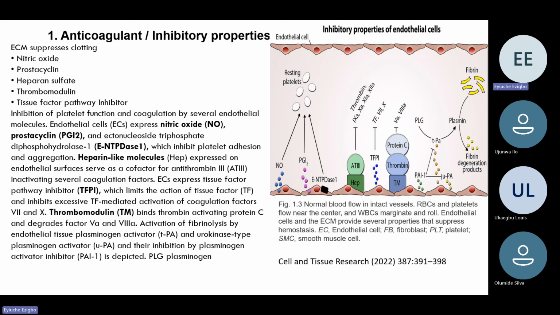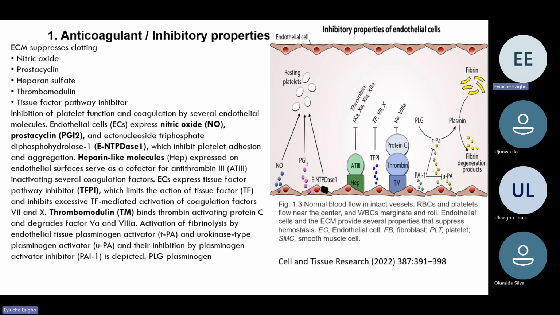So these substances that are being secreted contribute to one of the properties, the anticoagulant or inhibitory property of the endothelial cells, making them maintain the blood in a fluid state. As we can see from the diagram, normal blood flow in intact vessels: red blood cells and platelets flow near the center.